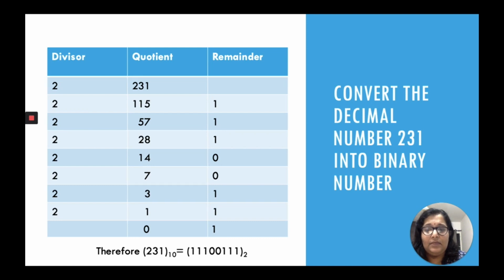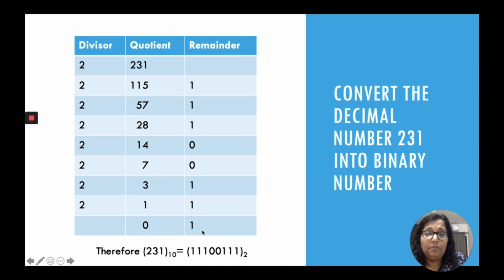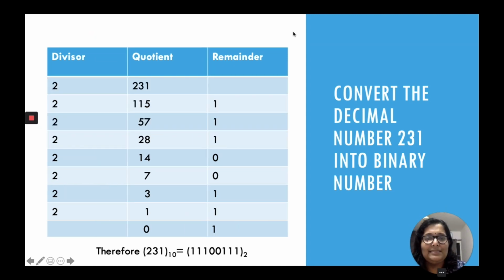After you finish that, you have to write, therefore, 231 to the base 10 is equal to, you have to write from bottom to top, 1, 1, 1, 0, 0, 1, 1, 1 to the base 2. I repeat, we have to write from bottom to top, 1, 1, 1, 0, 0, 1, 1, 1 to the base 2. Shall we move on to the next slide?